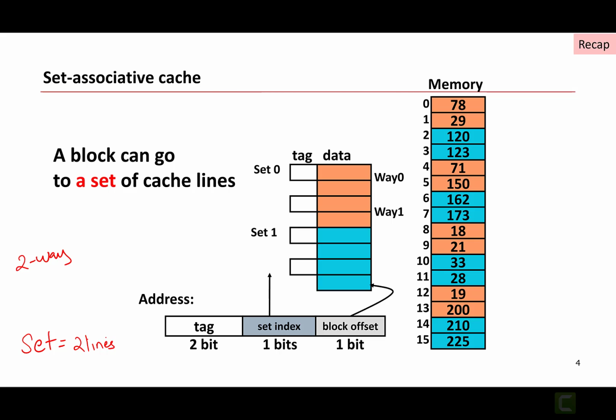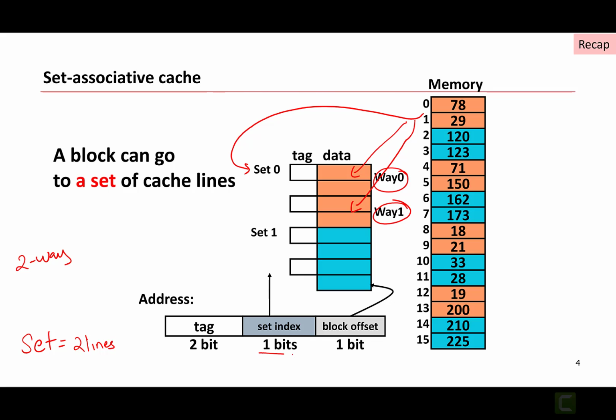So I have way 0 and way 1, and they both are part of the same set, which means a given cache block that maps to a set can be stored either in way 0 or way 1. So I have 2 choices now. As a result, I can have a better cache hit rate than a direct mapped cache, because this two-way set associative cache would eliminate some of the conflict misses that you would endure in a direct mapped cache.